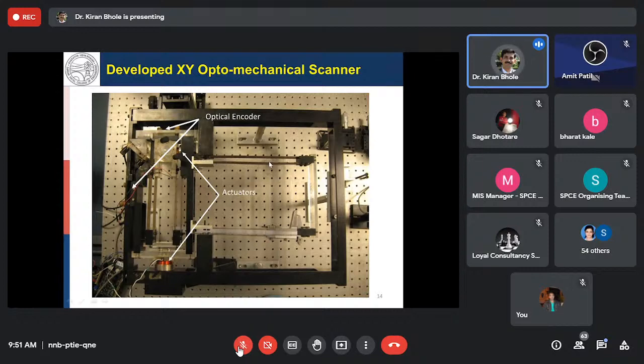We have these four linkages, which are of copper beryllium material, and all four linkages are firmly fixed to the acrylic body here, or rigid body.